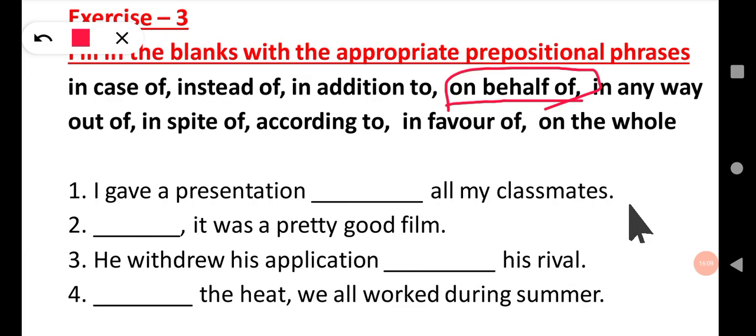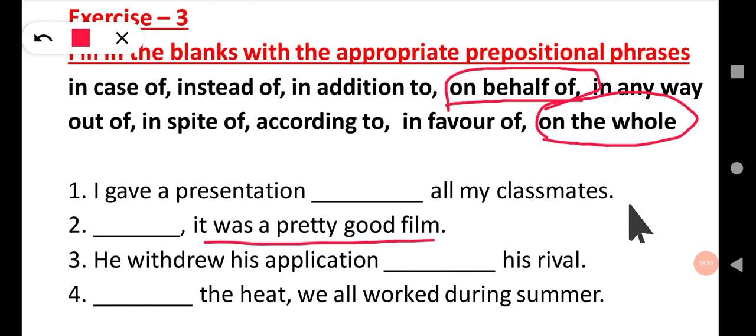Next, according to is followed by a person. According to me, according to him, according to the people. Next, in favor of someone. Next one, on the whole. Which one can you use along with this second sentence here? You can use on the whole. That means when you judge the whole film, it was a pretty good film.